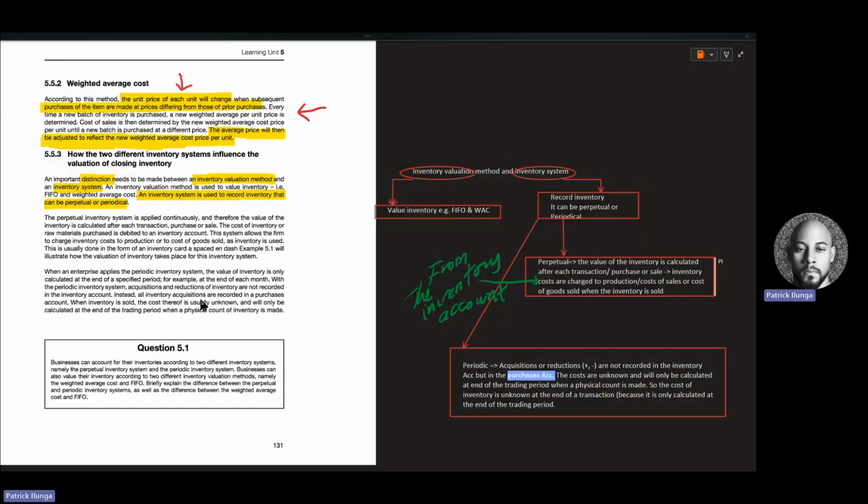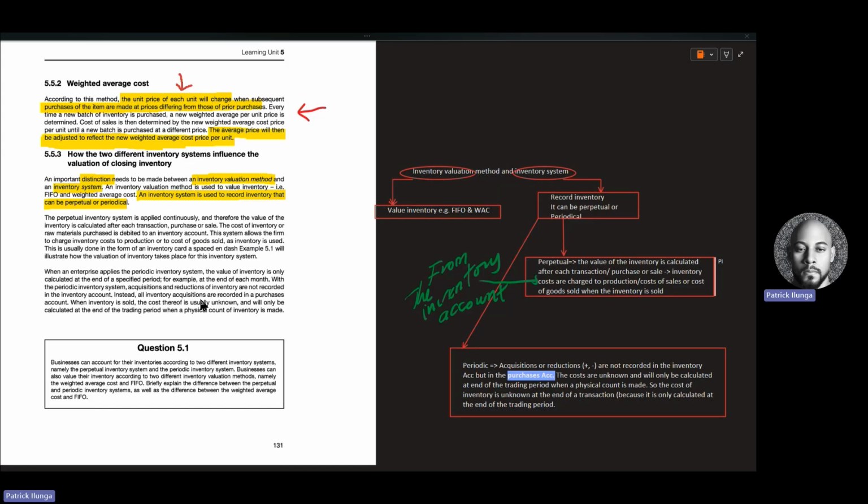As soon as an item that was produced is sold, at that exact time, we charge the production or the cost of sales or the cost of goods sold. If you remember your income statement, you will have your sales, your cost of sales, and your gross profit. You remember that perfectly, right?